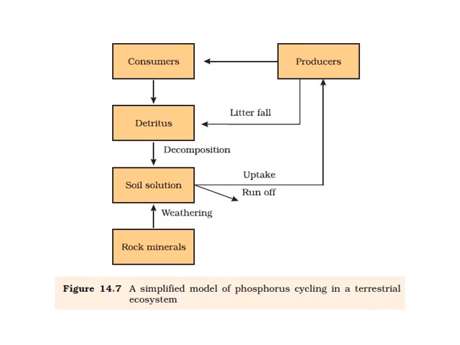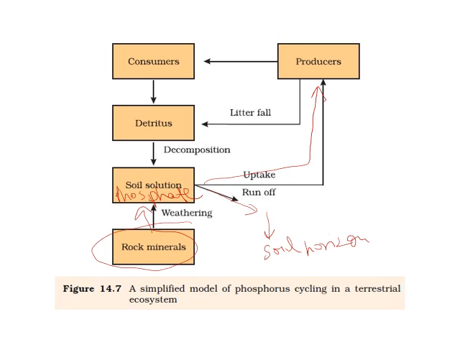Now let us see this phosphorus cycle which is given in your NCERT. See, there is rock, and as a result of weathering of rocks, phosphorus comes into the soil in the form of phosphate ions, and then it is taken up by plants. If there is rainfall, some of the phosphorus gets dissolved in water and goes down to the soil horizon, and this is called leaching.